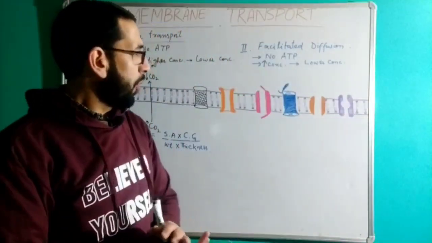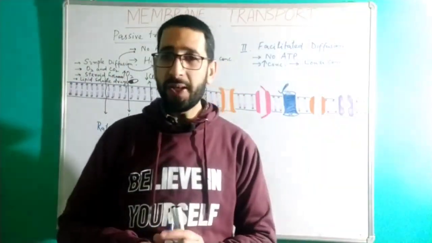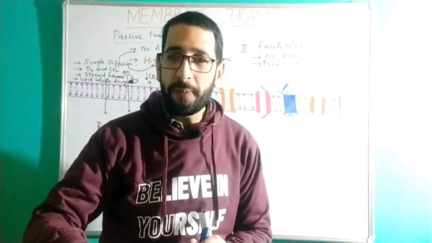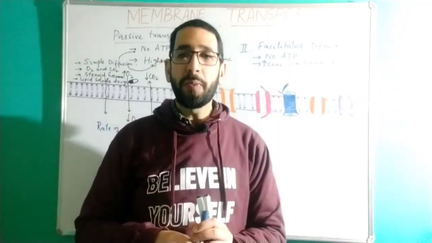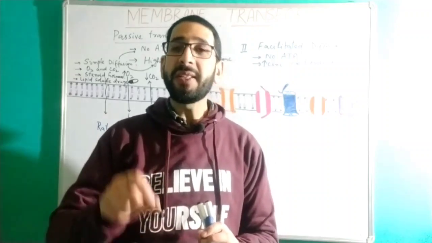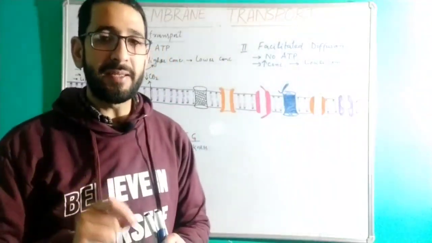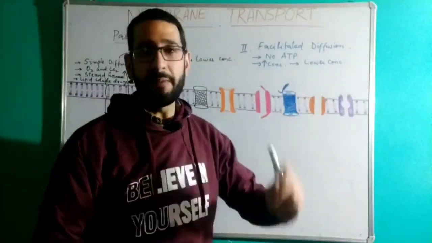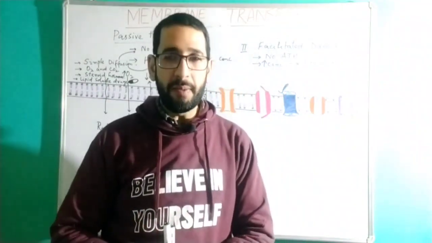Now, it is not going to be simple diffusion. It is not going to be the substances being diffused through the phospholipid bilayer. It is going to be diffusion which is facilitated by certain substances. And what are those substances? They are these different types of proteins, which are membrane proteins.